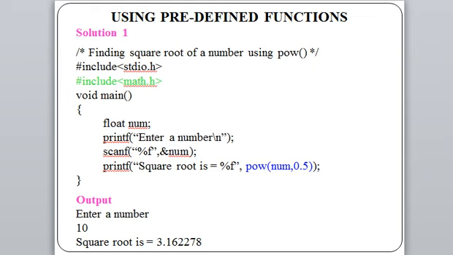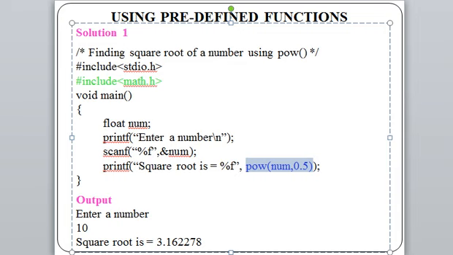Using predefined functions, it is possible to give a solution to this problem. So here in this program, I have a built-in function pow. The pow function is available in a C program. The usage of the pow function is like this: pow, P-O-W, then open parenthesis, then number. For example, if you want to find the square root of 10, you have to say 10 here in place of num.